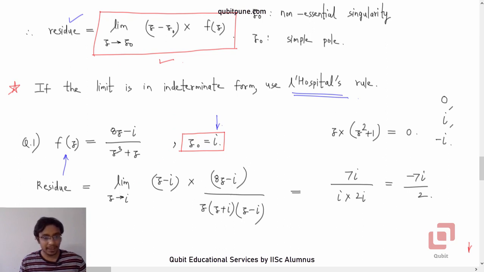Cancel the factor z minus i and substitute z equal to i, because this is now not in the indeterminate form. So the numerator is 8i minus i, that is 7i, and the denominator z into z plus i will be i into 2i, or minus 2. So the residue of this function at z equal to i is going to be negative 7i upon 2.